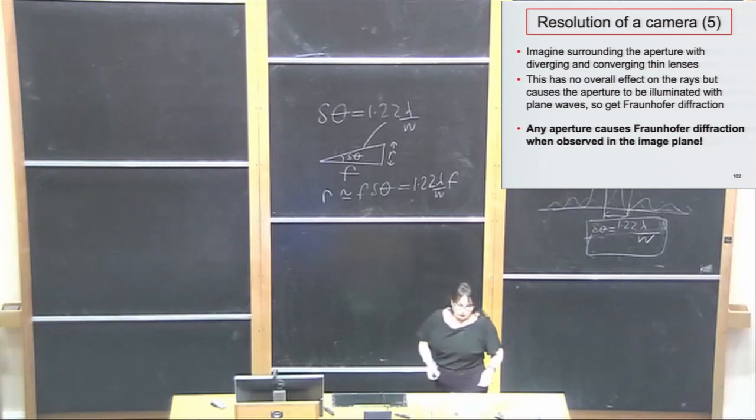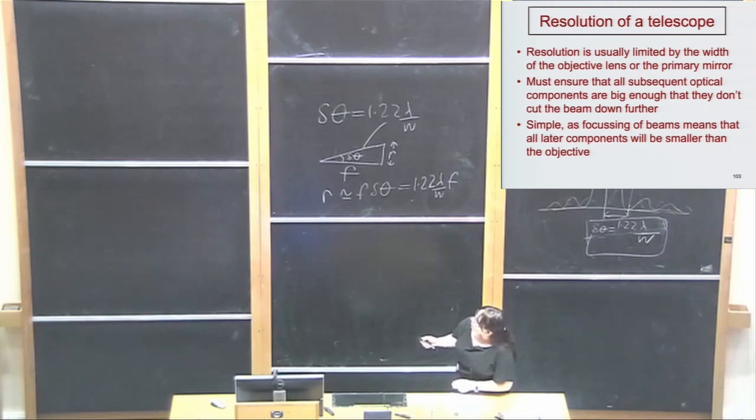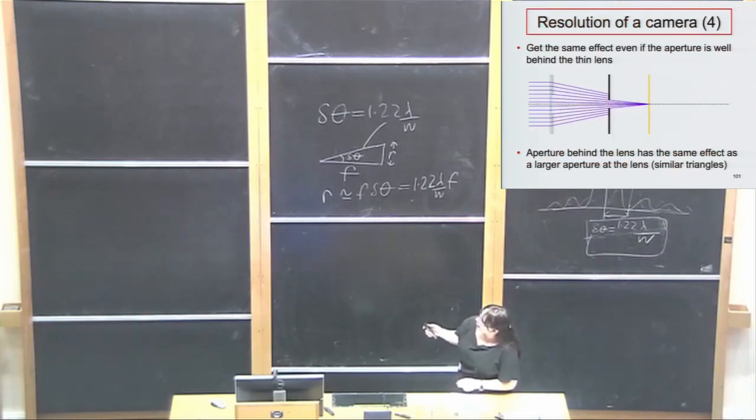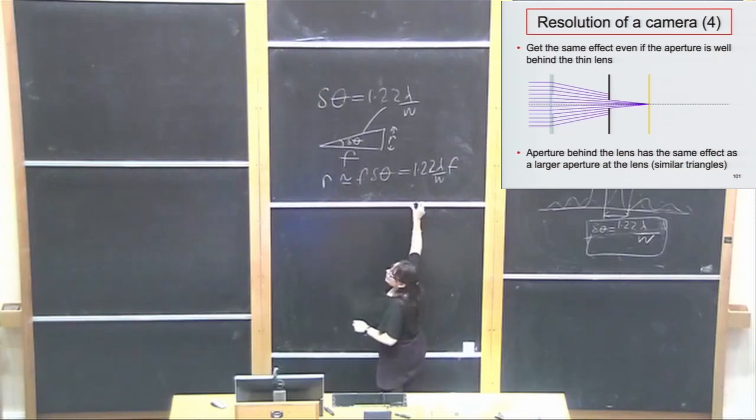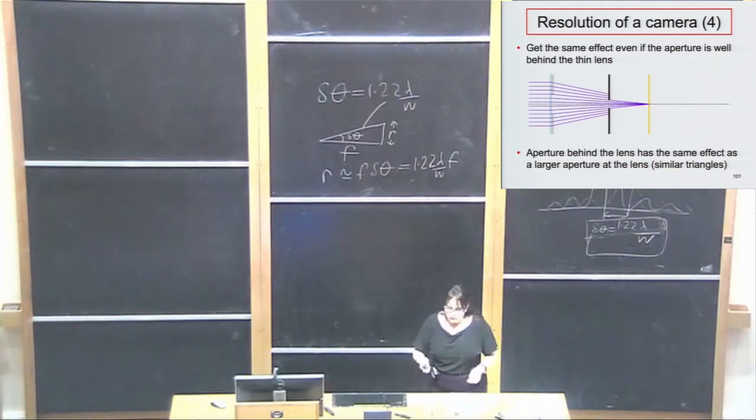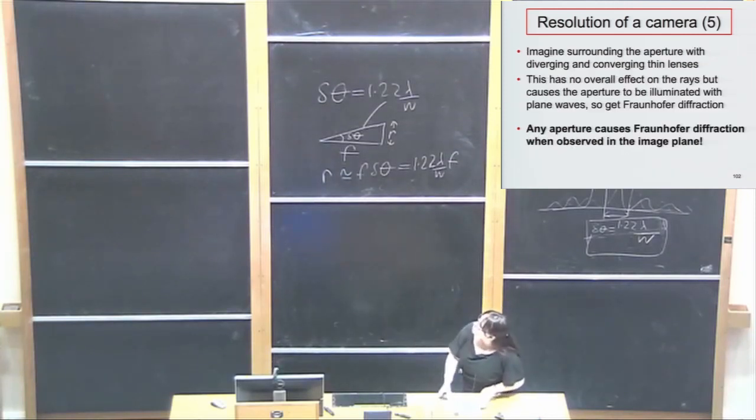Okay, now, if you're at all uncomfortable with the idea that I was drawing situations there where I didn't have plane waves, and yet I'm still saying we got Fraunhofer diffraction, a little thought experiment may or may not make you feel more comfortable.